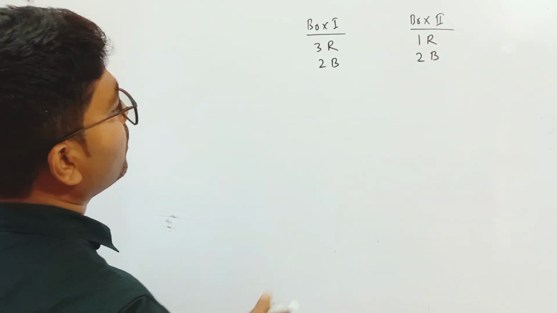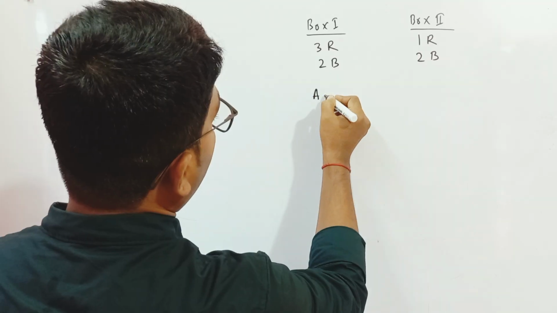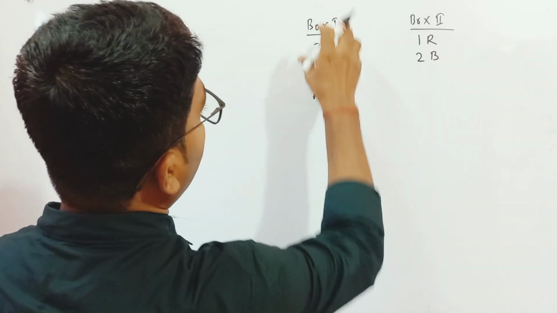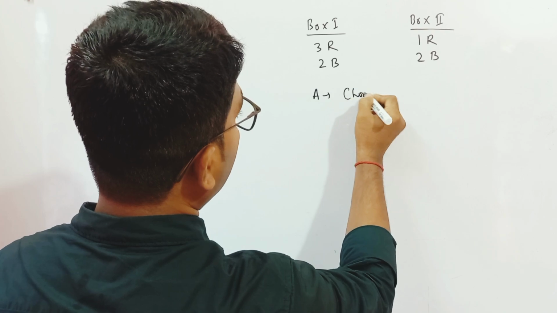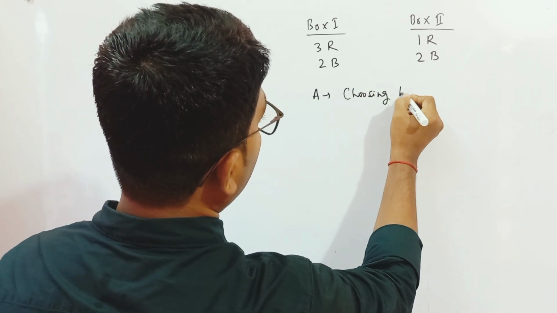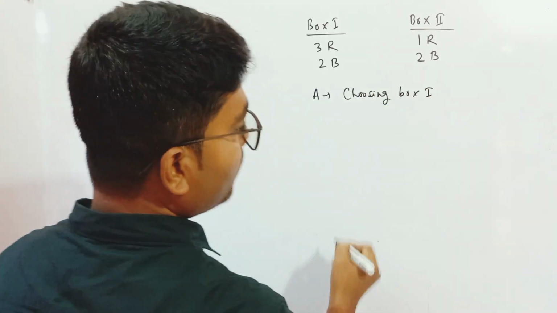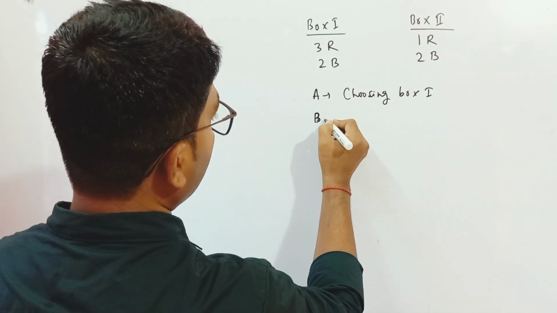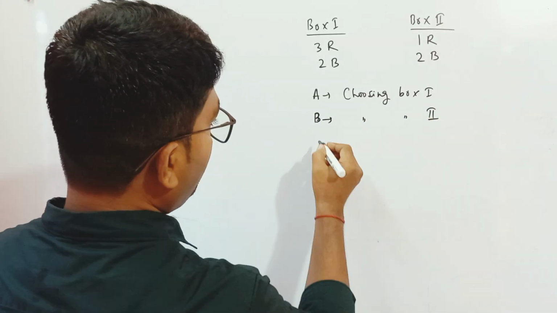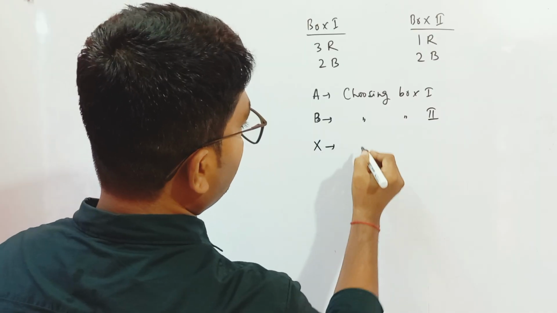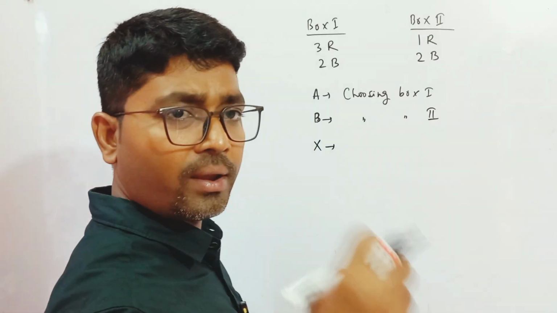So we write, say A is the event of selecting box 1, that is choosing box 1, and B means choosing box 2, and we write X for selecting or drawing a red ball.